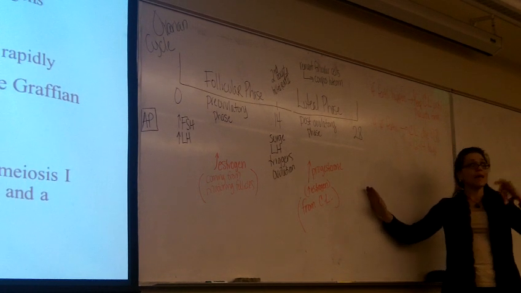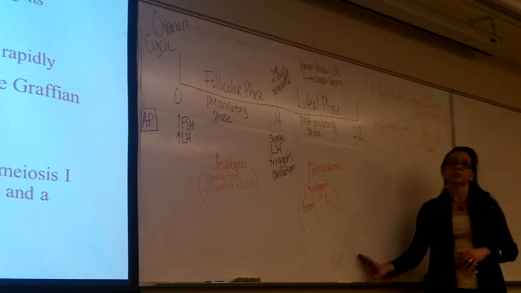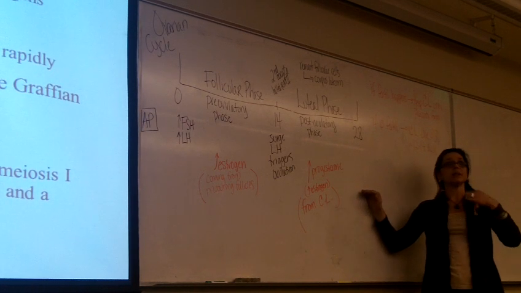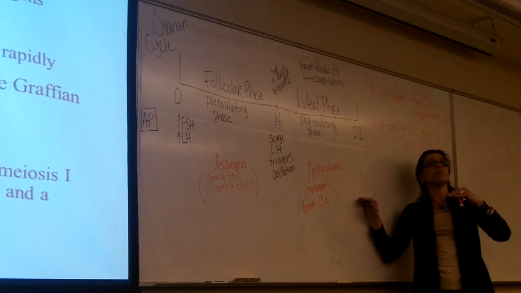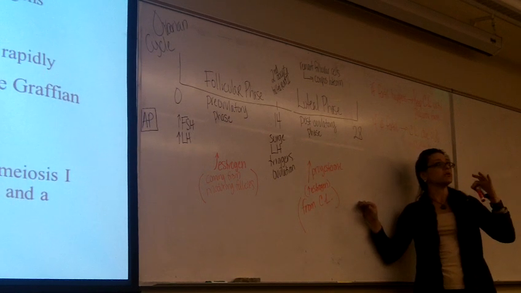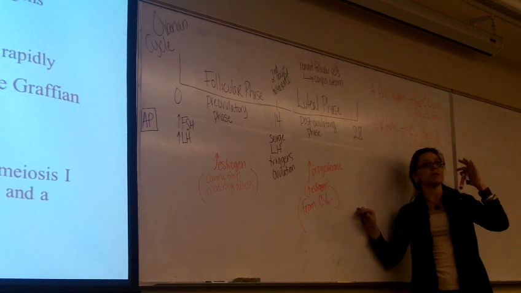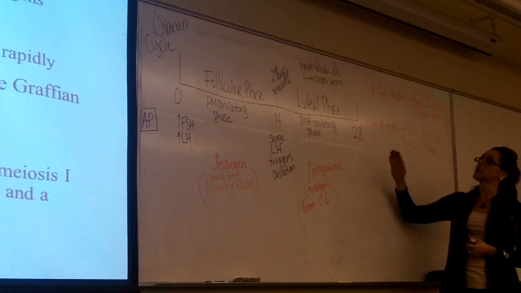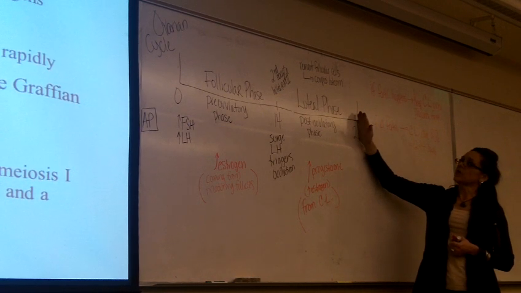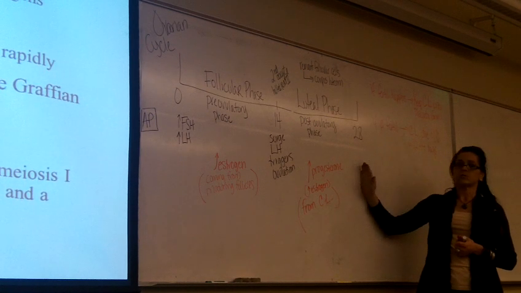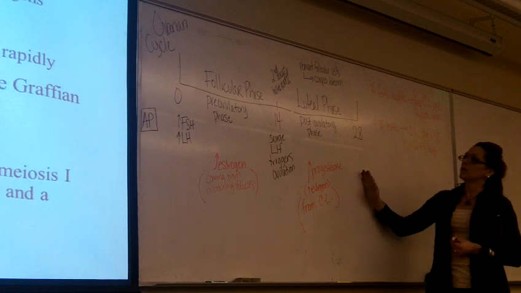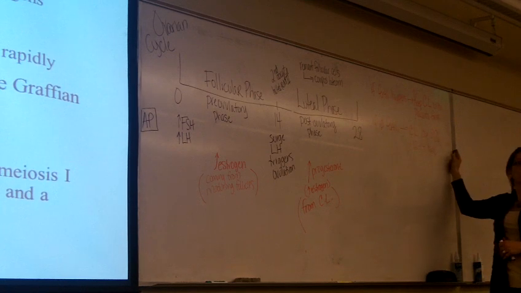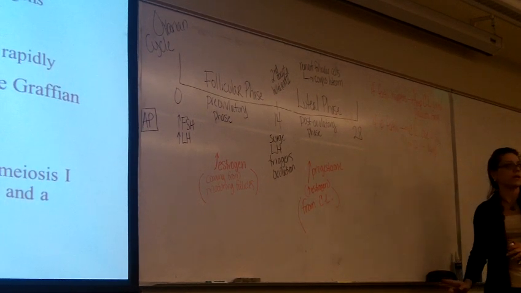So it starts to make more GnRH, which means the anterior pituitary starts to make more FSH and LH, and that starts a new ovarian cycle, right? So the corpus luteum dies off here, progesterone levels plummet, estrogen levels drop as well. That allows FSH and LH levels to start to rise, and that triggers a brand new ovarian cycle. And we do the whole thing all over again.